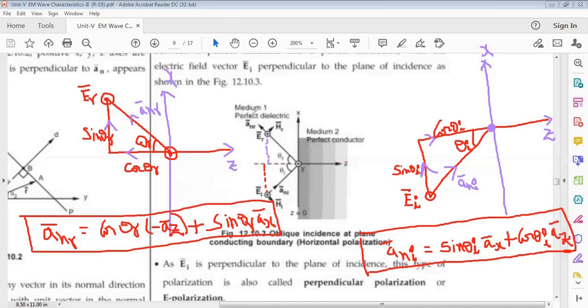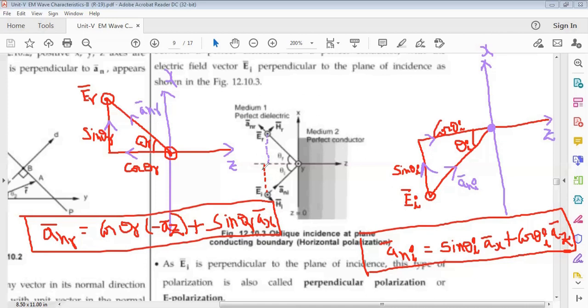Got it, my student? The two right angle triangles we find here. Then after, we can substitute this ANI bar and the ANR bar values to find EI and ER corresponding to the HI and the HR also. Got it? How we got the equations from this diagram?